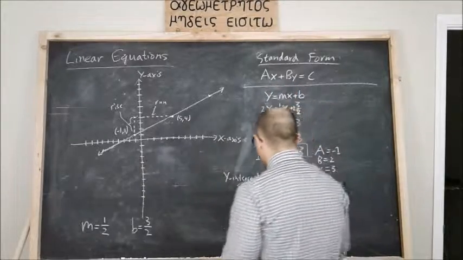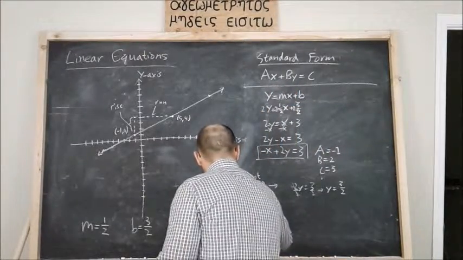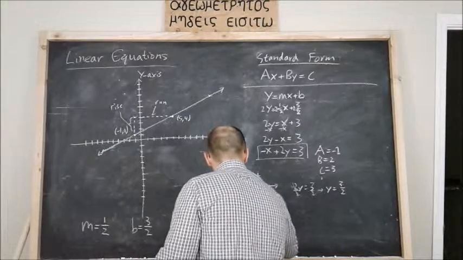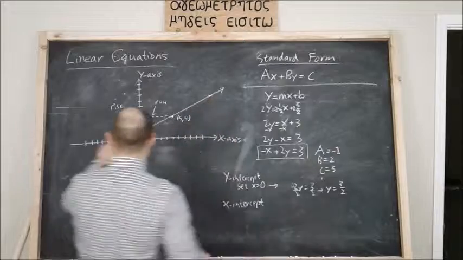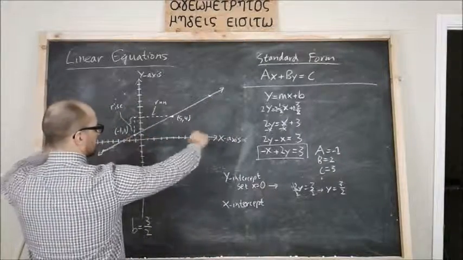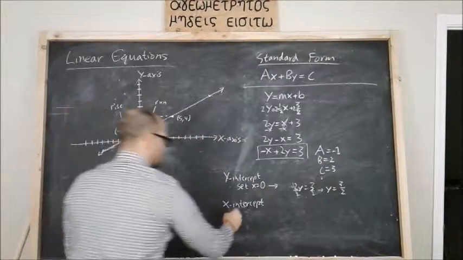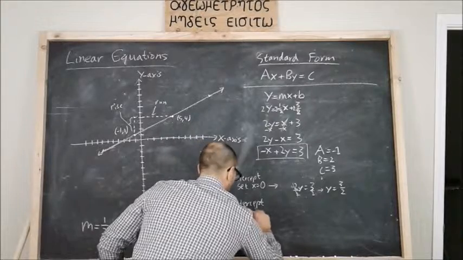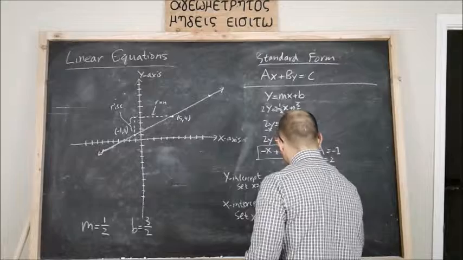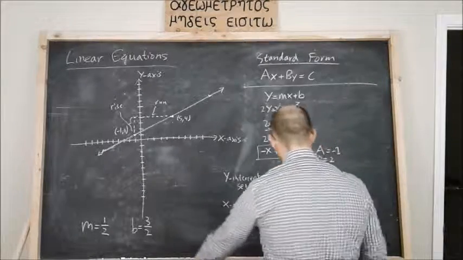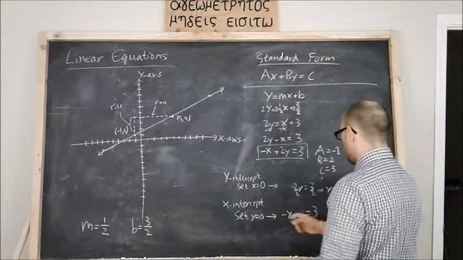Be careful of that. To find the x-intercept, well, the x-intercept is along the x-axis. At that point, there's no vertical height, so y is equal to 0. So we set y equal to 0. So we're going to have negative x plus 0 is equal to 3. The 0 goes away.